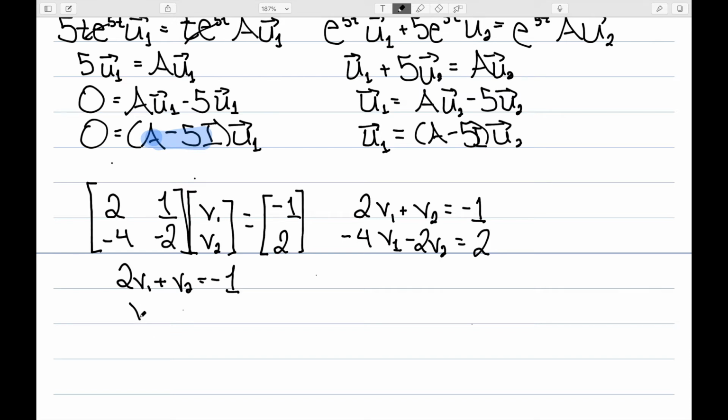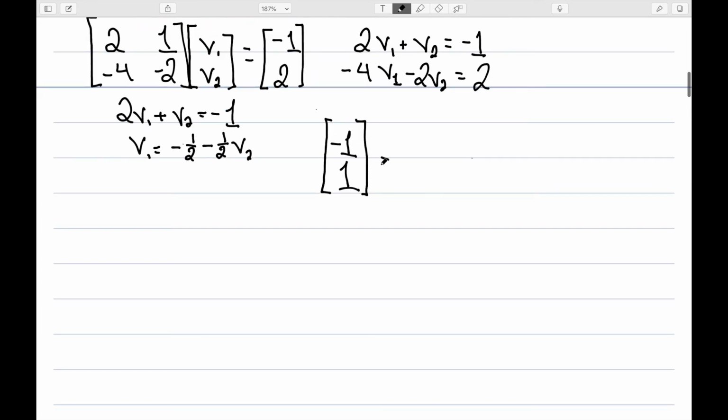I'm going to solve for V1. I get negative 1/2 minus 1/2 V2. I then need to pick a number for V2. I'm going to pick 1 and figure out what V1 needs to be. If V2 is 1, I have negative 1/2 minus 1/2, which is negative 1. So there's my new vector u2.